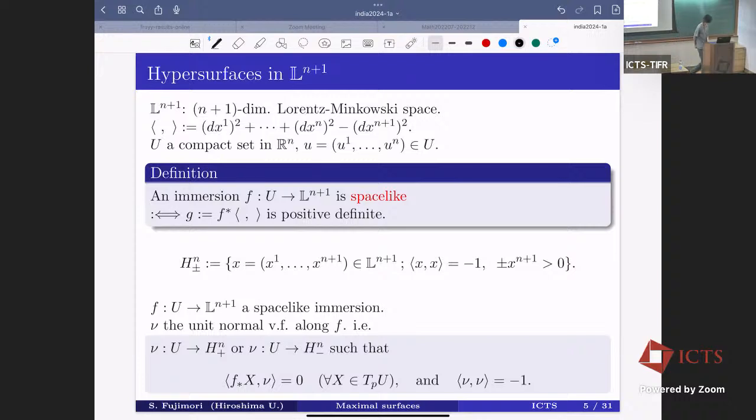So we can take this unit normal vector field ν for any space-like hypersurface.